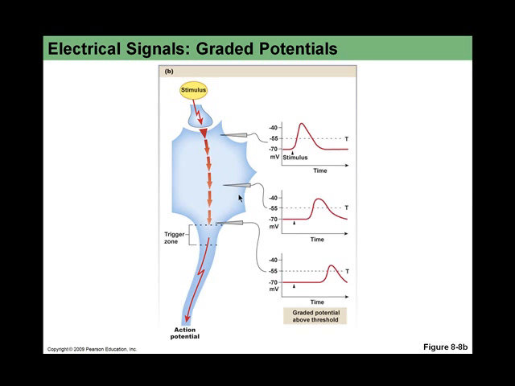So this is where the Nernst equation, the Nernst equilibrium potential comes into play for us to ask questions about what's happening at this point in time to generate this membrane potential.